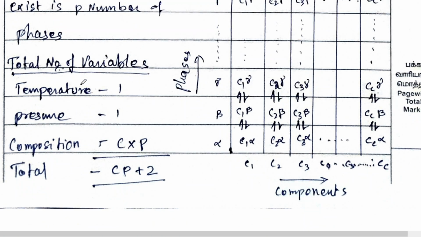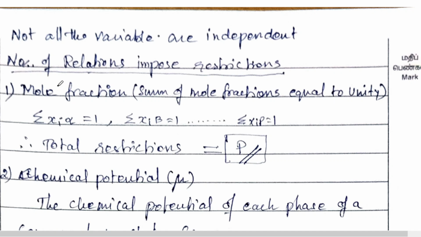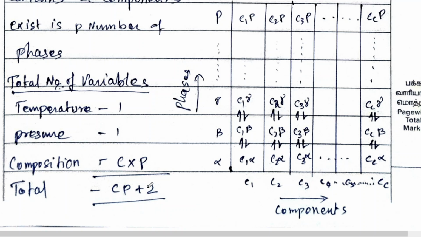Our next aim is to calculate the number of relations that impose restrictions. The total number of variables are Cp plus 2.